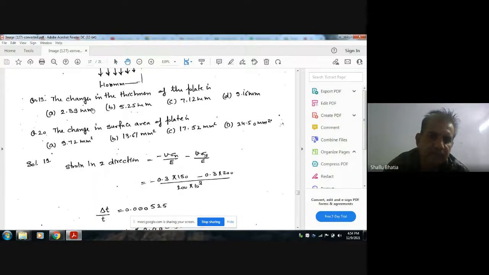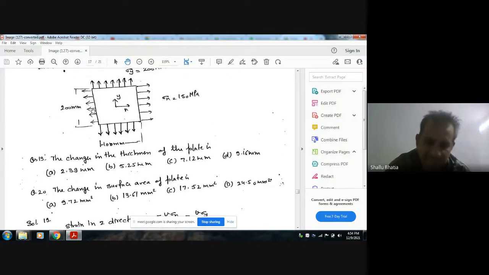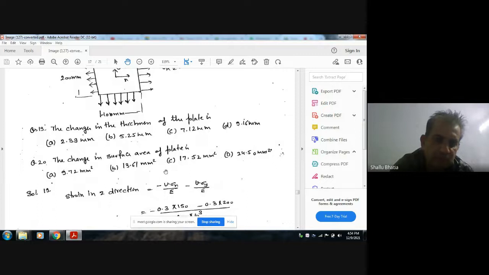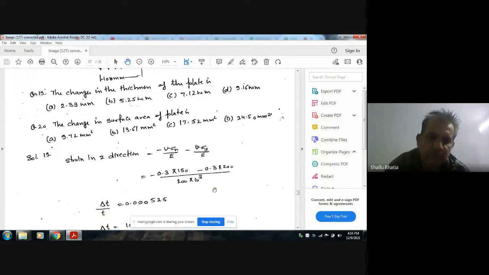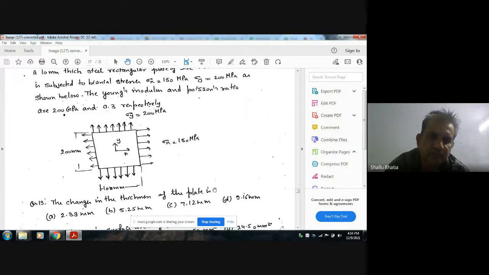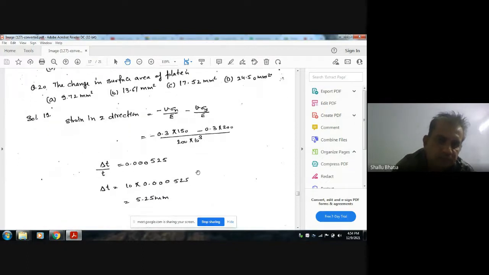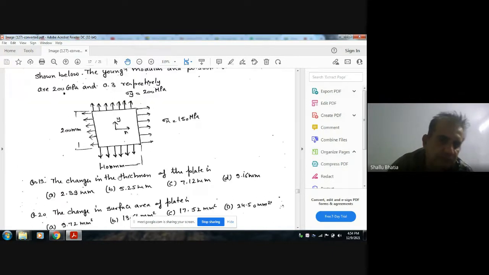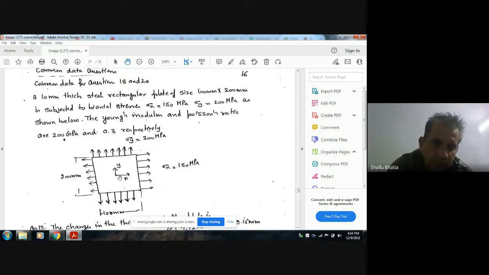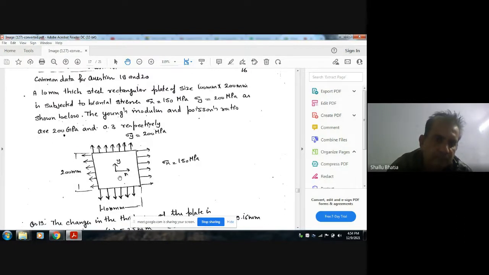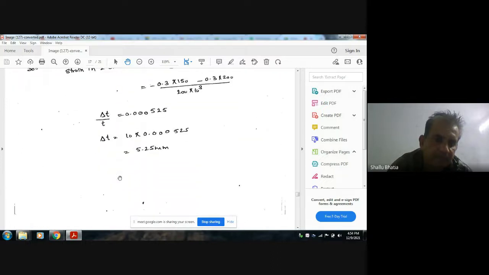So we have to find out the strain in z direction, and the strain in z direction is minus mu sigma x by E minus mu sigma y by E. Now putting the values sigma x is equal to 150 and sigma y is equal to 200, we can find out the strain. So if the thickness is given as 10 mm, if we put the value of 10 mm, delta T will be 5.25 micrometer.